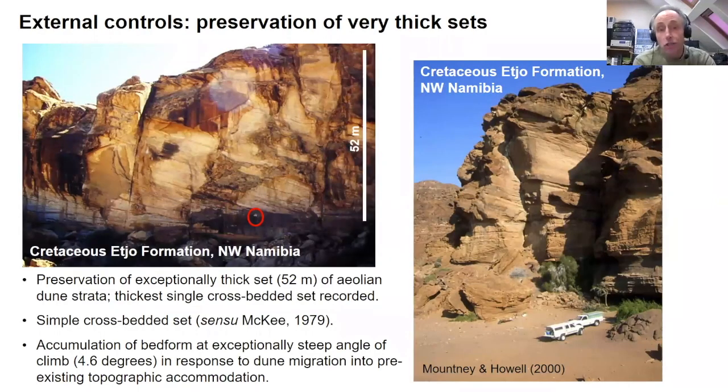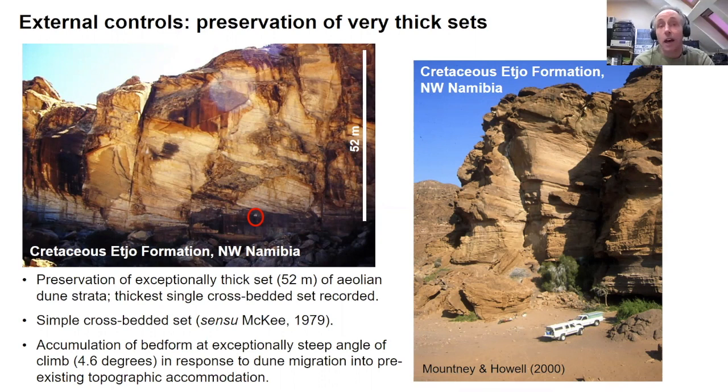And occasionally, of course, we see individual sets of cross strata that can get very thick indeed. They were quite thick in the previous images, but here's a really spectacular example. There's John Howell in the red circle for scale, a rather youthful John Howell from some years ago now.